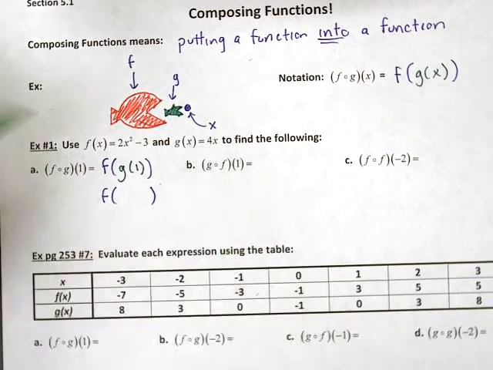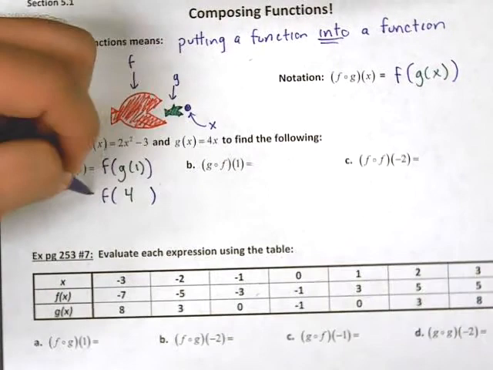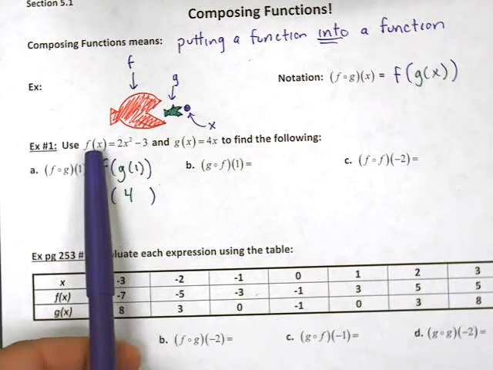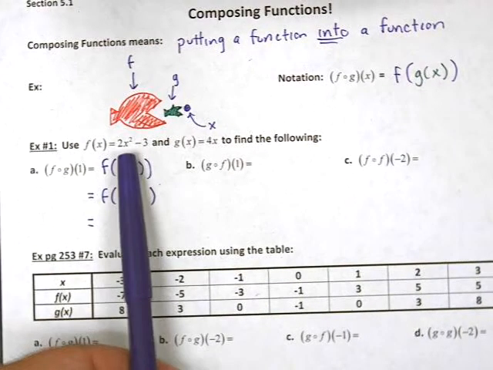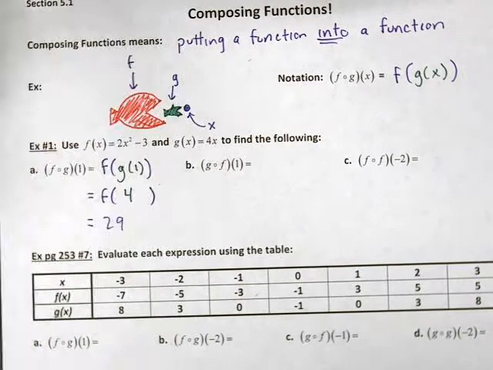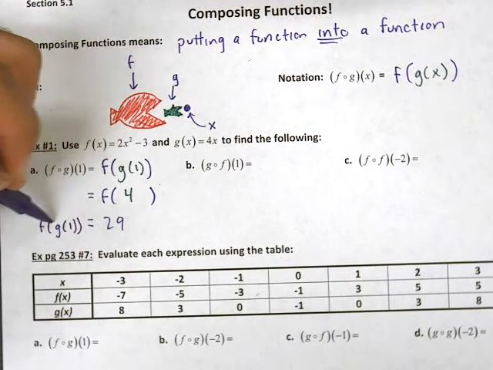Well, 4 times 1 is 4. Okay, so F of 4, this is nice and easy now. F of 4, we just plug into the F function now. So 4 squared is 16, 16 times 2 is 32, 32 minus 3 is 29. F of G of 1 equals 29.